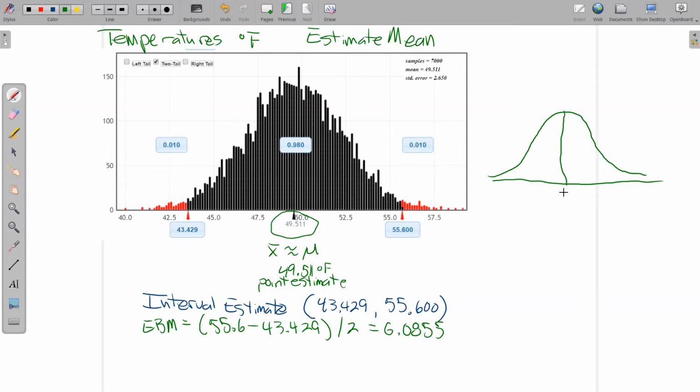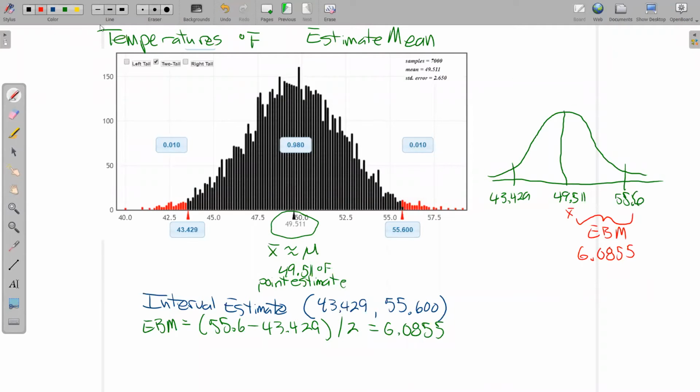So in the middle goes the point estimate, the 49.511. And then we mark off our edges, 43.429. That's my lower estimate, and my upper 55.6. And then I'm going to make a note of the margin of error here. So that's X bar. And the error bound on the mean, which I could have drawn on this side too, it should be the same, is 6.0855.